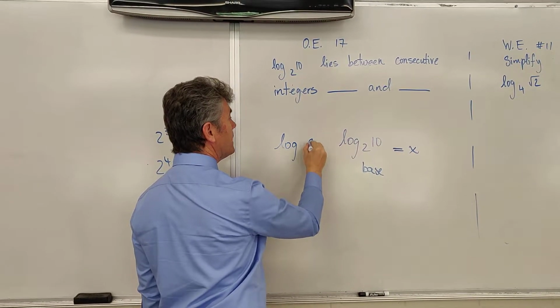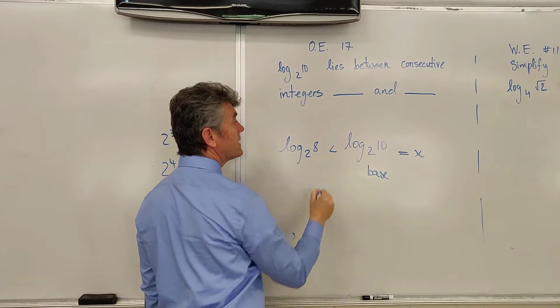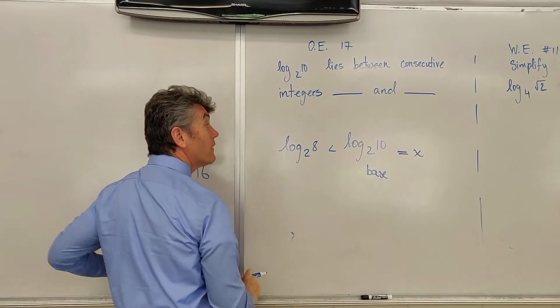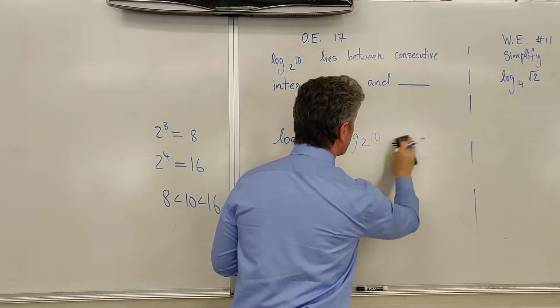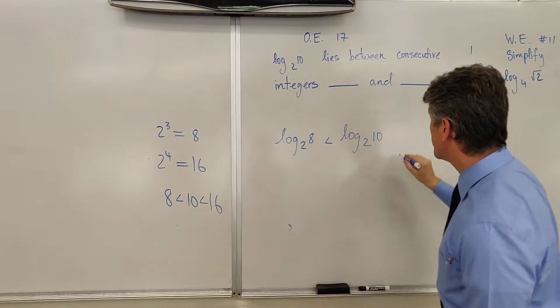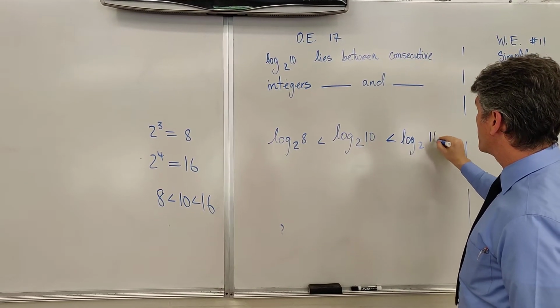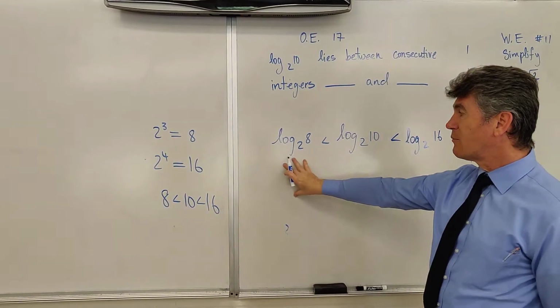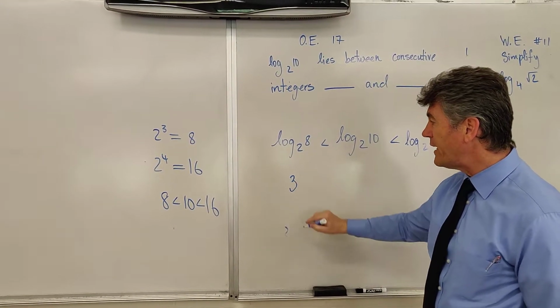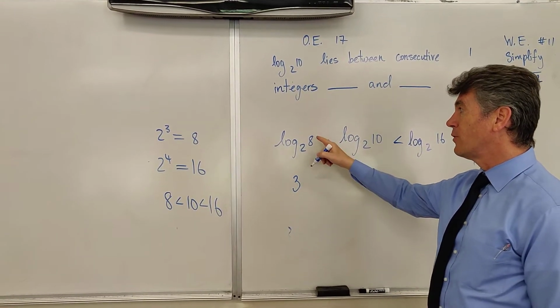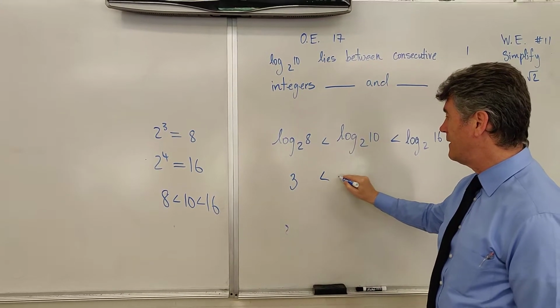log of 8 with a base of 2 is less than log of 10 with a base of 2, which is less than log base 2 of 16. This number I can find, it is 3, because I need to raise 2 to the 3rd power to get 8.